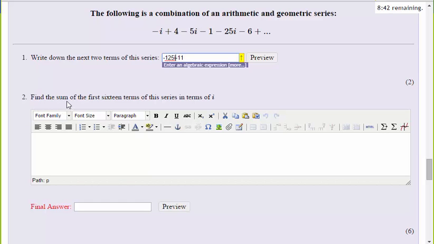Okay, find the sum of the first 16 terms. What is your suggestion? In terms of i. No, 16 is a lot. No, that's okay, you'll write out all 16 terms. I'm just saying 16 is a lot.